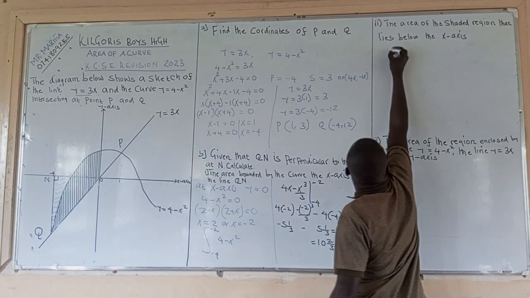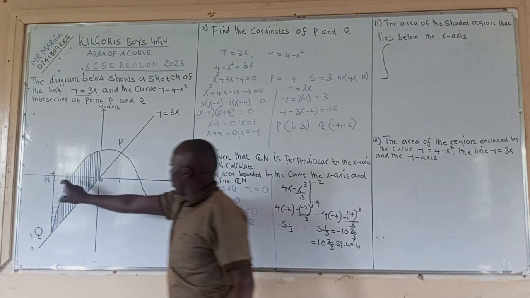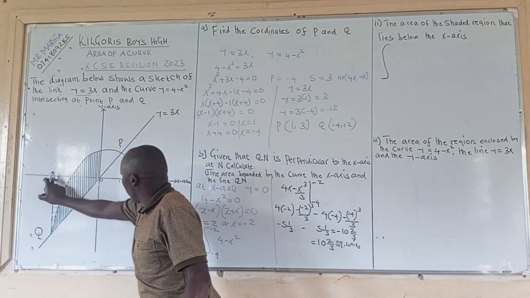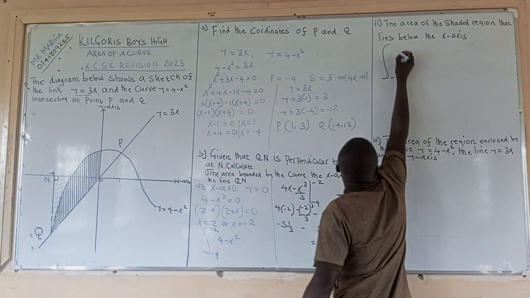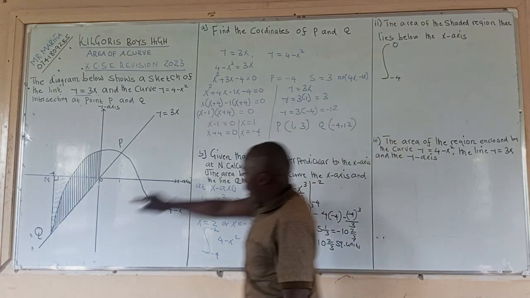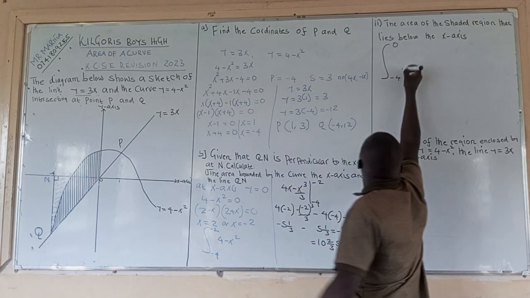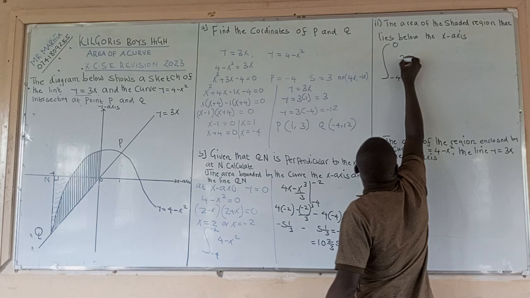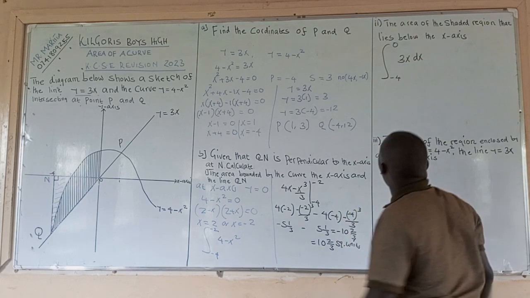We integrate from -4 to 0, and of course we have dx.